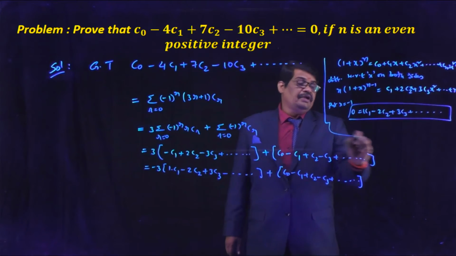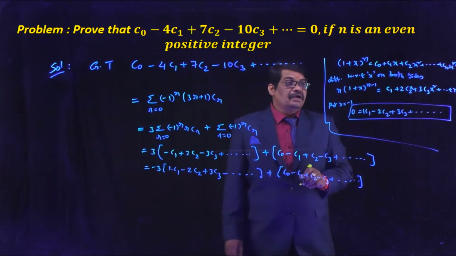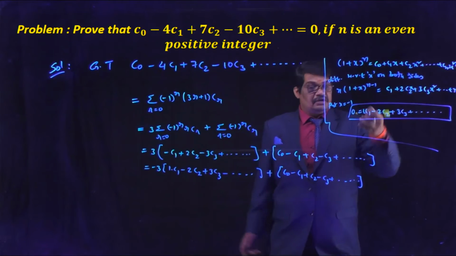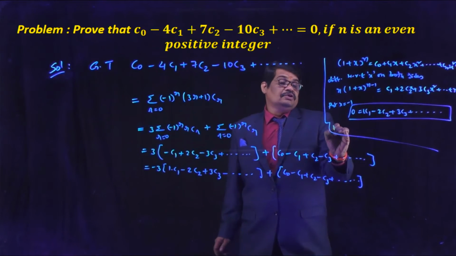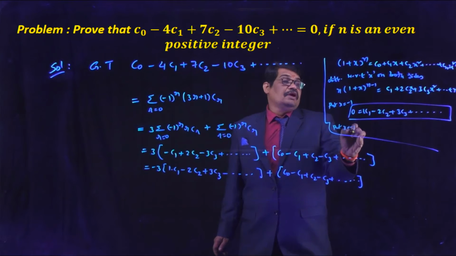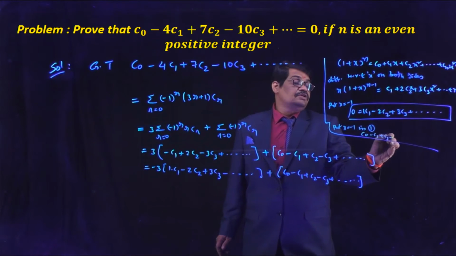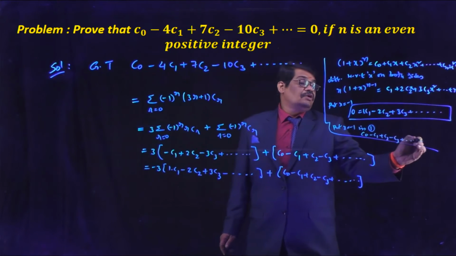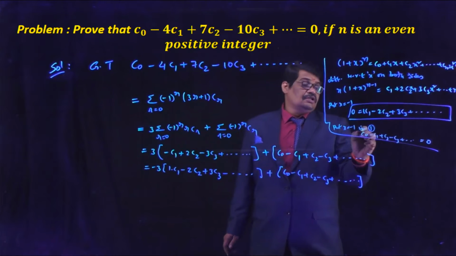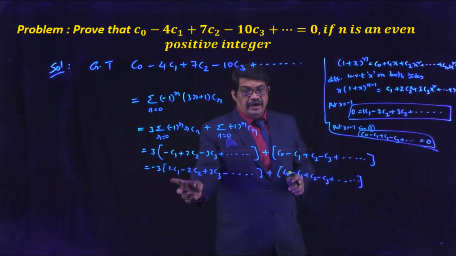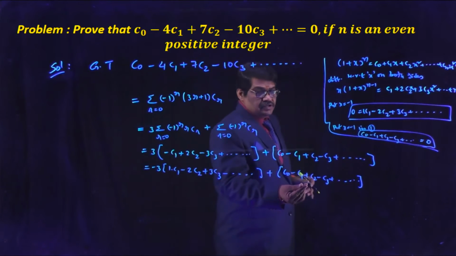And if we put x equal to minus 1 directly in equation 1, as we already discussed, we get C0 minus C1 plus C2 minus C3 and so on. This will be 0. So these are the results we have already done. This value is 0 and this value is also 0.